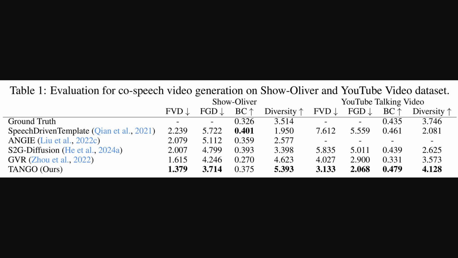Then there's beat consistency, or BC, where higher is good, showing alignment with speech rhythm, and diversity, where higher means more varied gestures. TANGO achieves the best scores for Fréchet video distance, Fréchet gesture distance, and diversity, showing it produces more realistic and varied gestures overall.